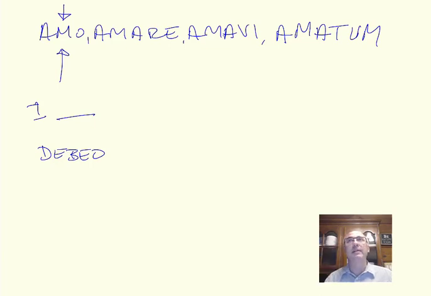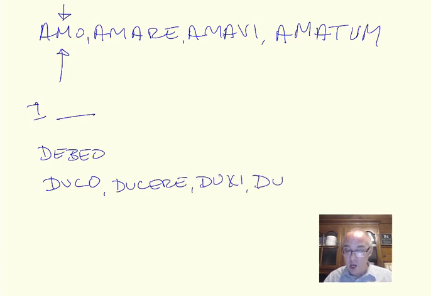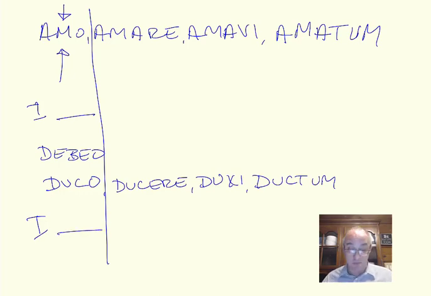Duco, I lead. You haven't had that one, you won't have it for a while. Doesn't matter. It's the first principal part of duco, ducere, duxi, ductum. Whatever Latin you come across, this first principal part is always I, and then whatever the word is. Present tense.